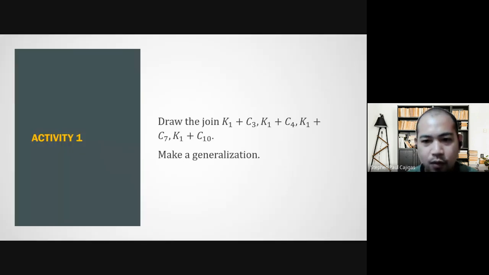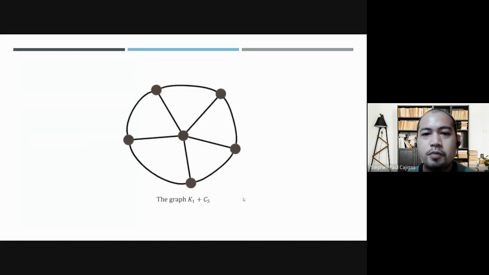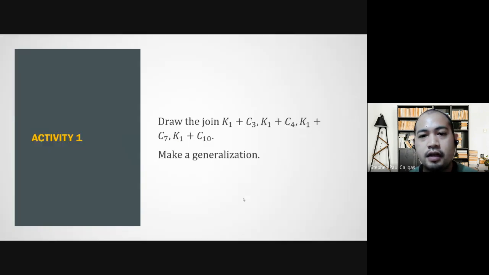Basically, I want you to be able to create a pattern and then make a generalization. I hope you are familiar with the join of graphs, which we discussed in module 1. I hope you remember what it is. But for now, I need you to do this. Take your seats with your pen and paper and draw these 4 graphs.